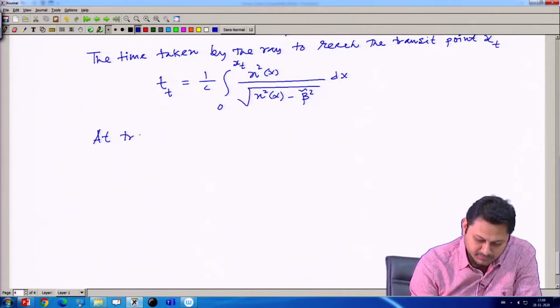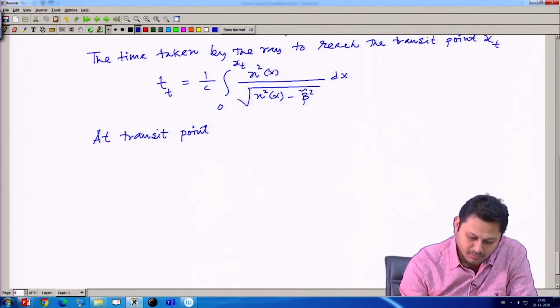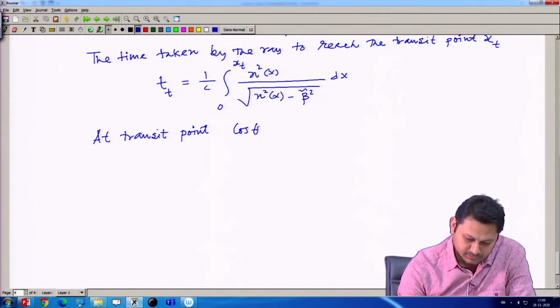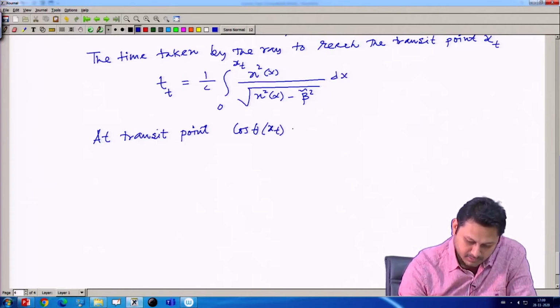Now, a few things we need to note. At the transit point, the value of cos theta is equal to 1. Why?